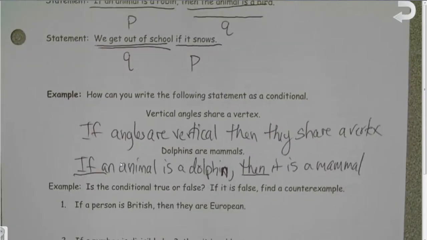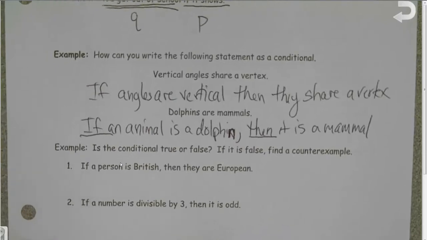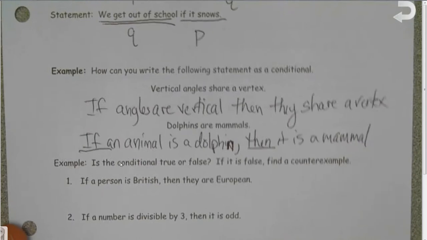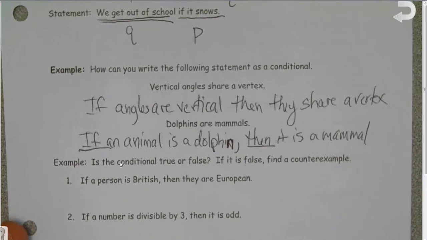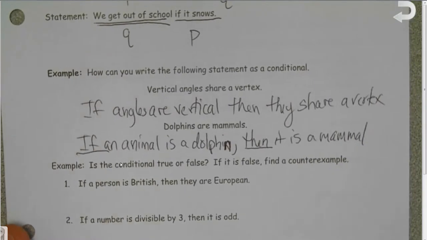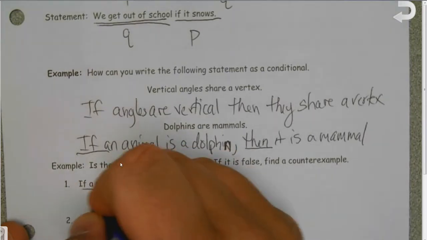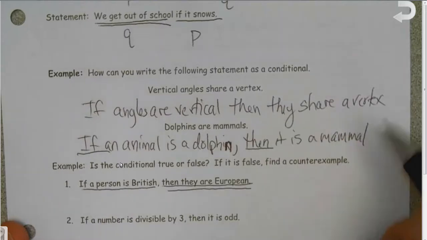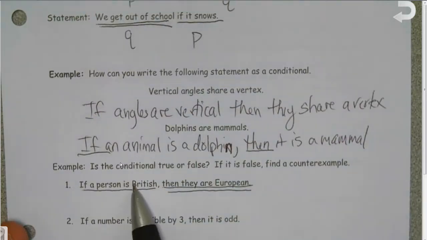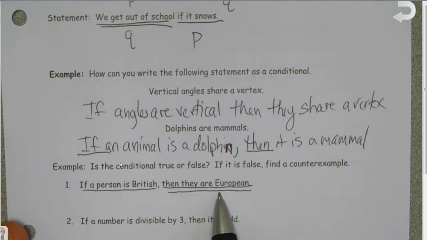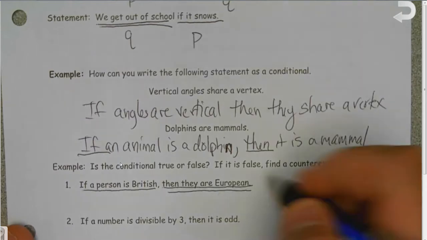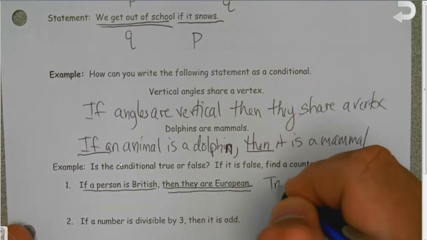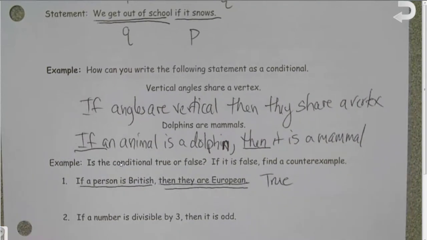Sometimes you're asked to look at a hypothesis and conclusion and decide, is it true? If it's not true, then you have to find a counterexample that proves it not to be true. So if a person is British, then they are European. Is every person from England also from Europe? Yes, that is true. So we don't have to find a counterexample to this.